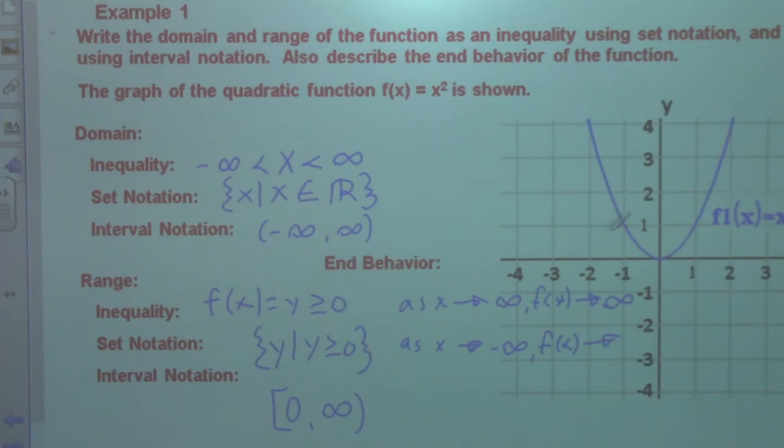Which way is f of x going? Infinity. So end behavior is the same no matter which way we go, in this instance, as opposed to the last one we looked at with the line. Would it be negative infinity in both, or negative infinity then positive? Not for this one. The end behavior is positive infinity either way we go. It starts high and ends high.